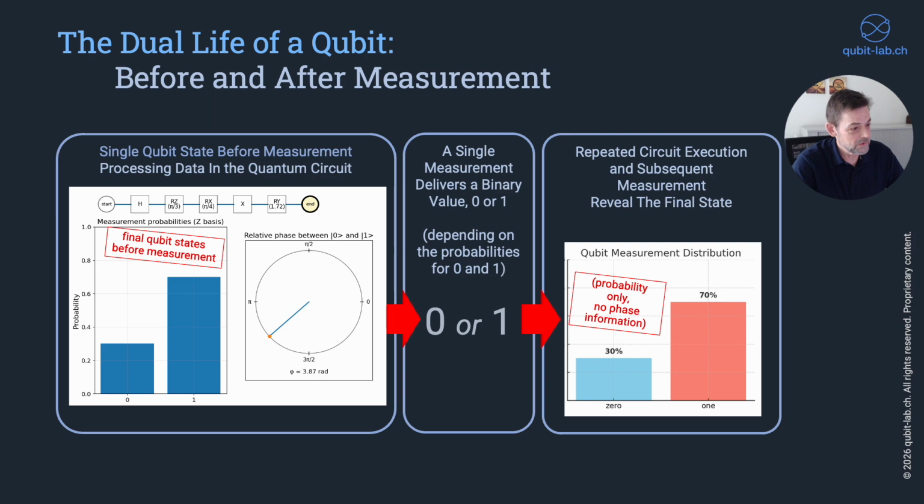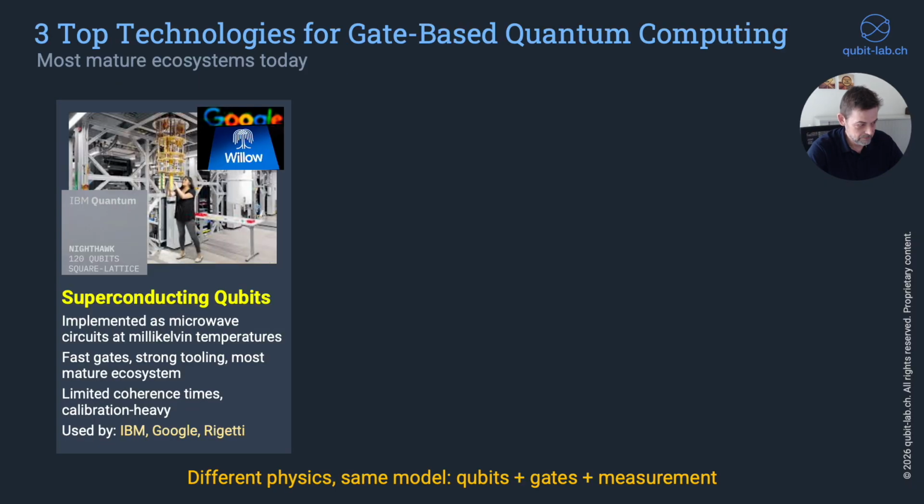Through multiple executions and measurements, you get this information, but only on the probability, not on the phase information. Okay, so much to the life of a qubit. I hope it became a little bit more transparent.